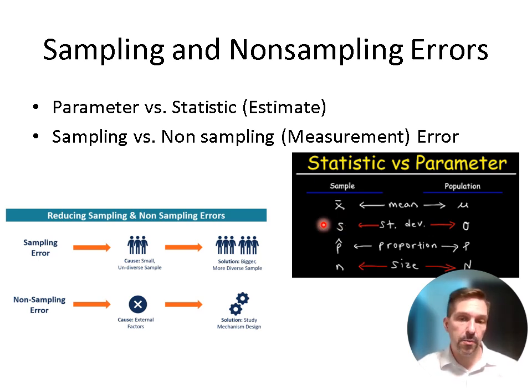Now, the nice thing about sampling error, as we're going to see later, is that there have been about 300 years of very smart people thinking about how to deal with it, and they have developed a branch of statistics called inference that enables us to make assertions about the population, even though the only thing that we know is statistics from the sample.